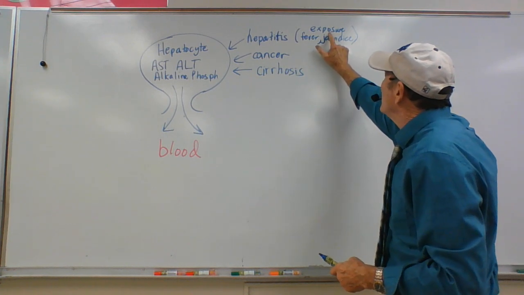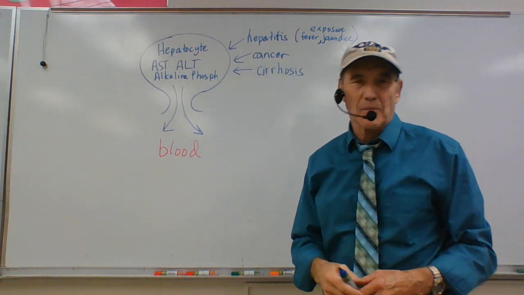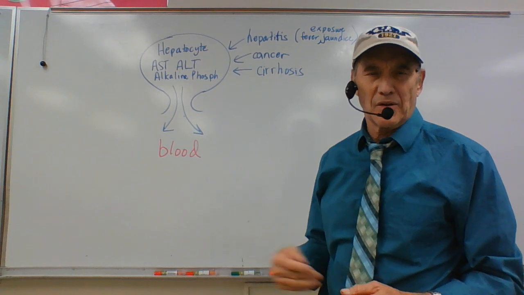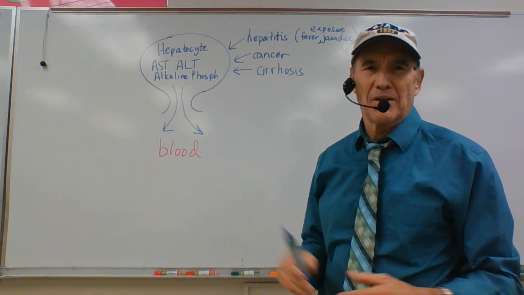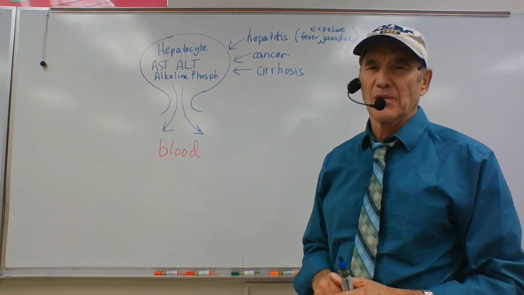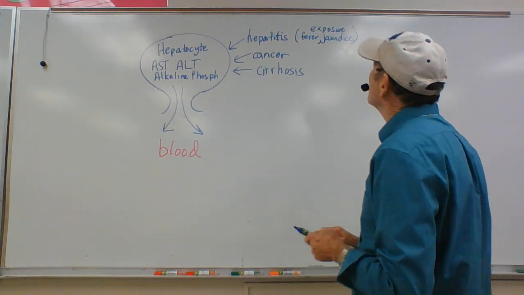And upon verbal examination, you find that they had some kind of exposure to a person who had hepatitis or a finger poke or something. What else would we see with hepatitis?